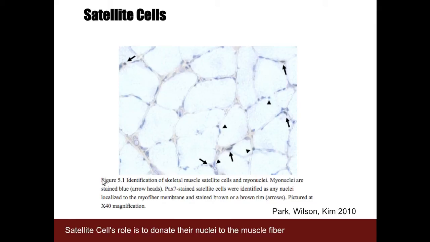Okay, if you look at the arrows, if you look at the outside of the muscle fibers on the very periphery of them, you see these small cells that are dominated by a large nucleus. Since they're on the periphery of the muscle, just like the Moon's on the periphery of the Earth, we call them what type of cells? Satellite cells. And satellite cells' role is to donate their nuclei to muscle.